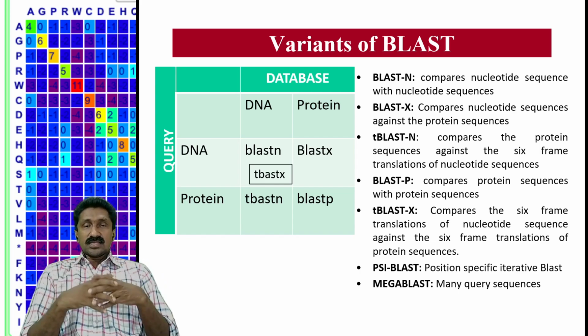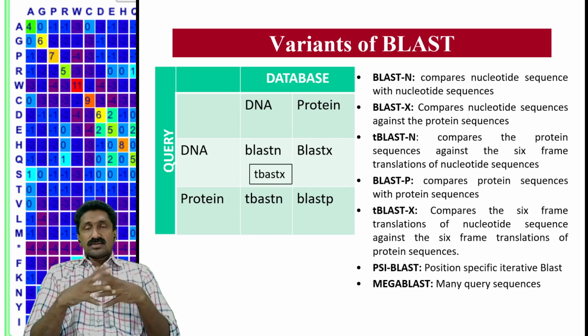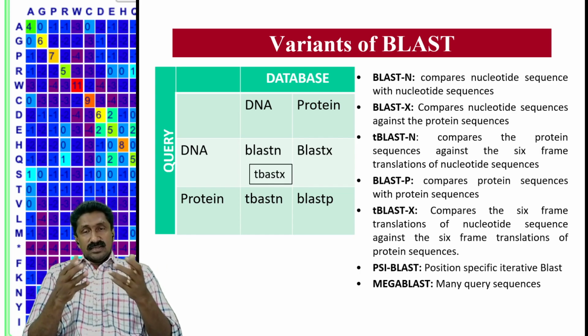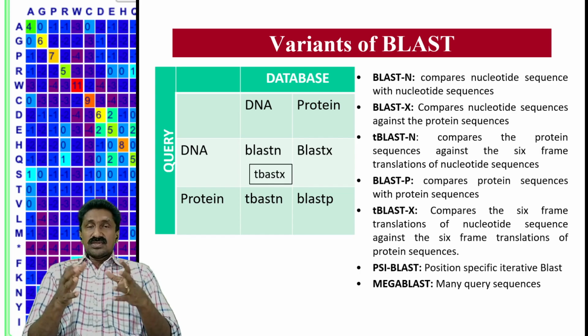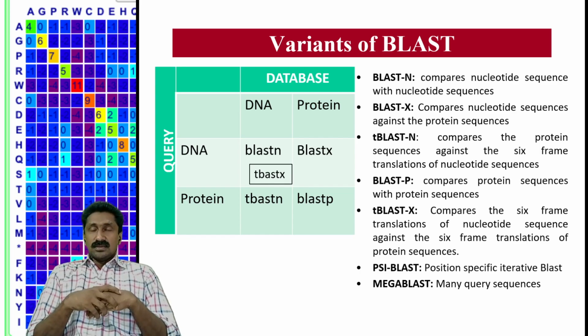So that is known as PSI-BLAST. You can refer back to the previous video that is already loaded if you are interested. PSI-BLAST is a BLAST method which uses a position-specific iterative matrix.